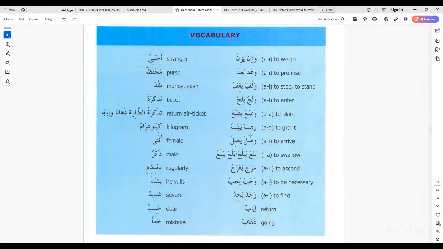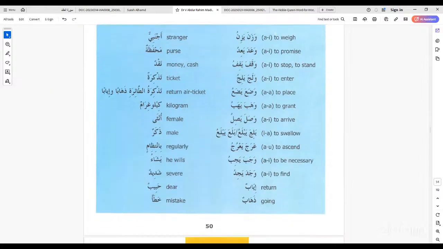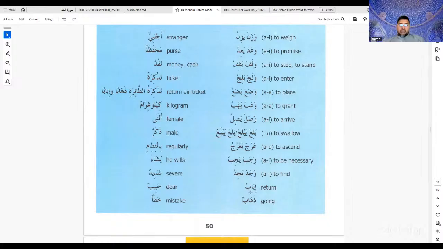Wahaba yahabu, to grant. Wasala yasilu, to arrive. Bali'a yabla'u or bala'a yabla'u, to swallow. Araja ya'ruju, to ascend. Wajaba yajibu, to be necessary. Wajada yajidu, to find. Iyabun, return. Dhahabun, going. Excellent. Thank you.